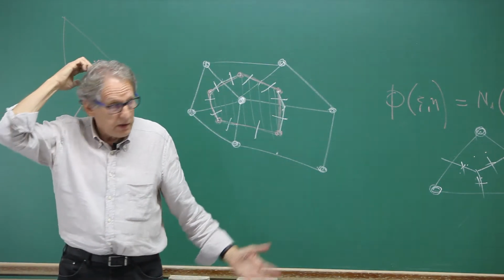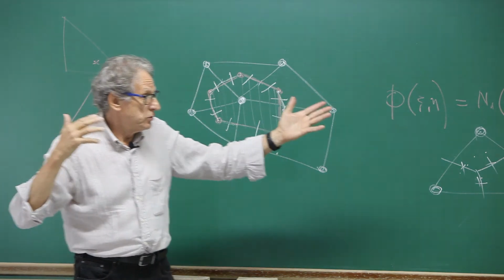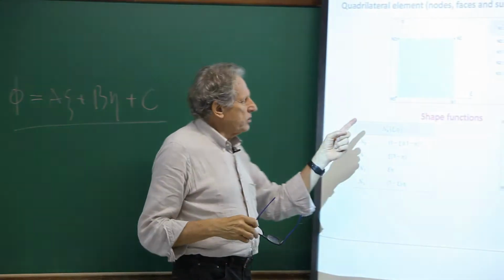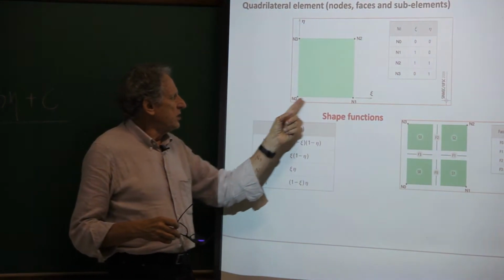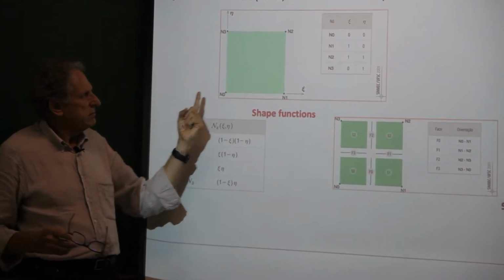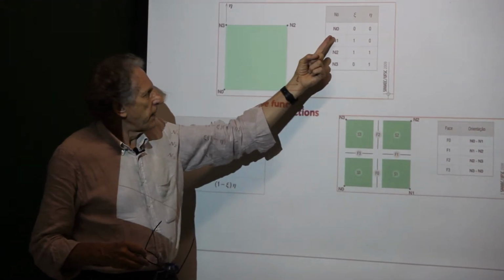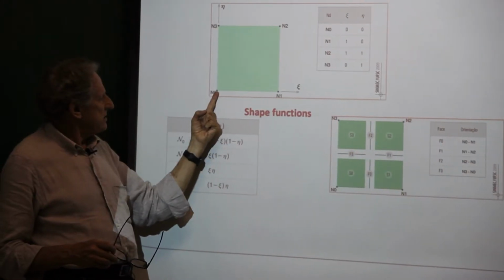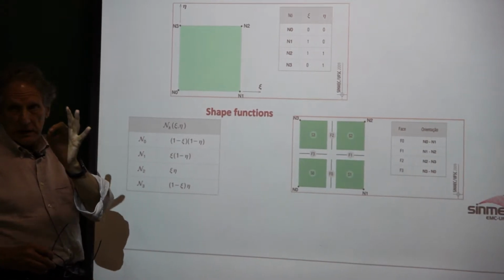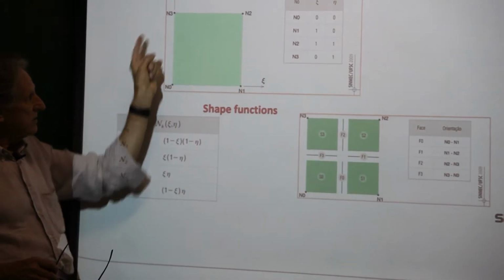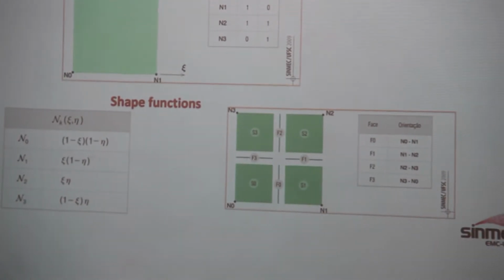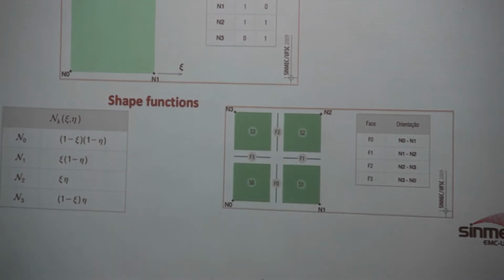Well, then we have another shape function. I'm going through that just with another nomenclature here. Instead of 1, 2, 3, 4, it is 0, 1, 2, 3, but it's the same. Xi and eta are here at 0, 0, 1, 1, 0. Then you create the shape functions.